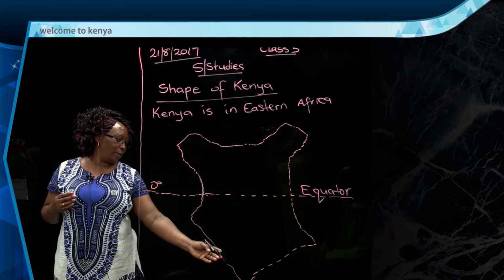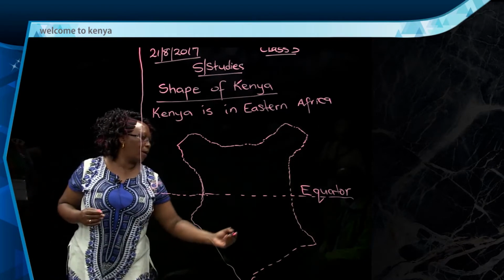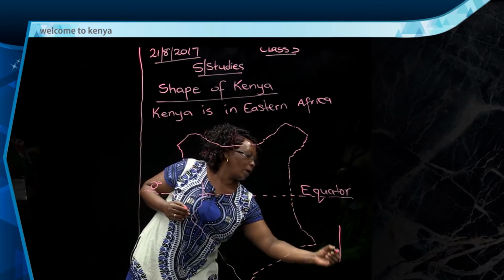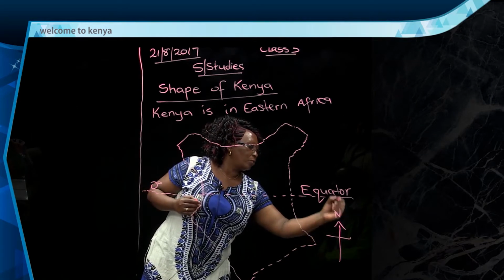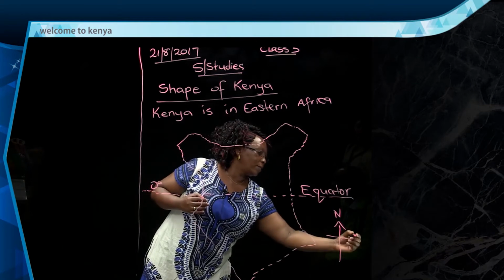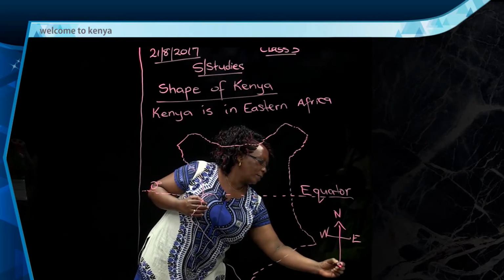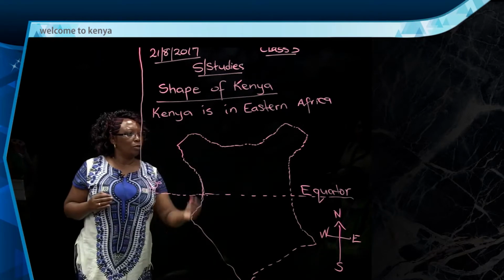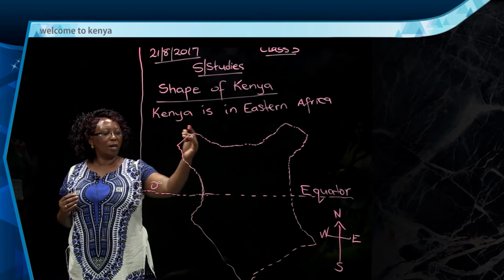To this side, we have the southern part of Eastern Africa, so we can have the arrow there showing our compass showing north. This side is east, and then west, and then south. So we are going to learn later on about the neighbors of Kenya.